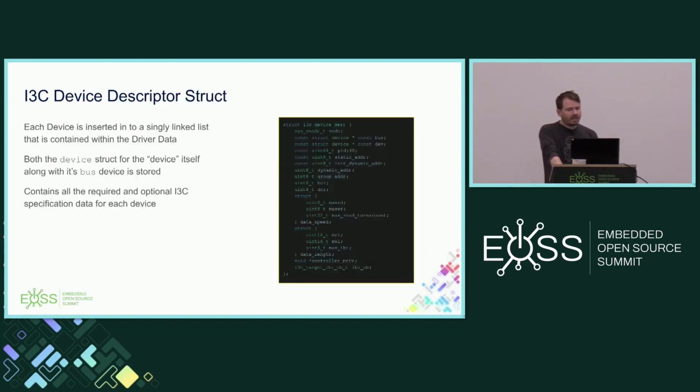Okay, so all I3C devices have this descriptor struct within them. Under the hood, this gets put into a singly linked list, which is contained within the driver data of the controller. This contains the device pointer for the device itself, along with the bus pointer as well.